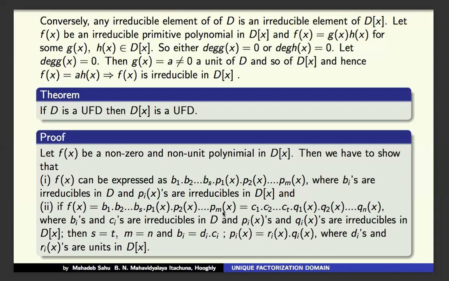Also pi(x) equals ri(x) qi(x), where ri(x) is a unit in D[x], that means pi(x) and qi(x) are associates.